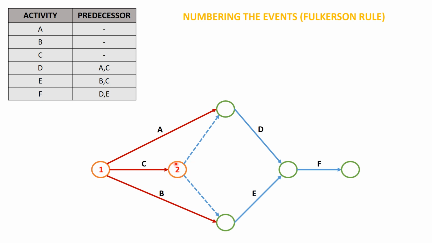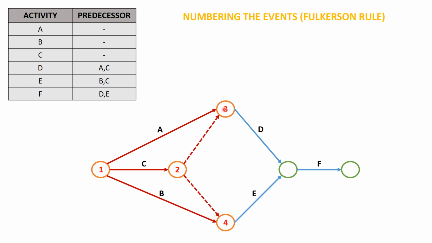So once I've come to event number 2 I'll be tracing the other two dummy activities. Now I have both these events which can be numbered, right? Because all the incoming activities to both these events have been completed, tracing is completed.